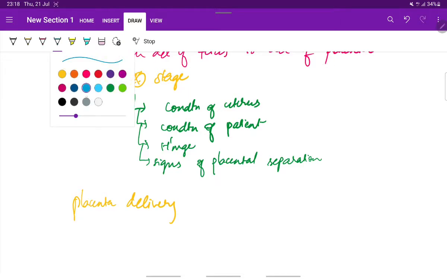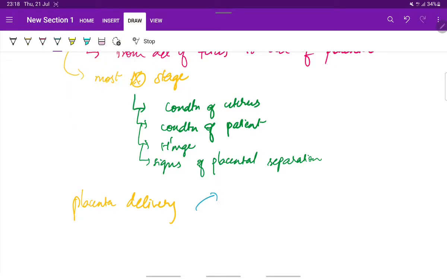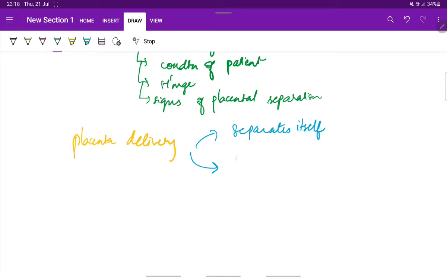Either the placenta separates itself, so we give some time for the separation of the placenta and then it delivers by itself, or we deliver the placenta by active management of the third stage of labor.